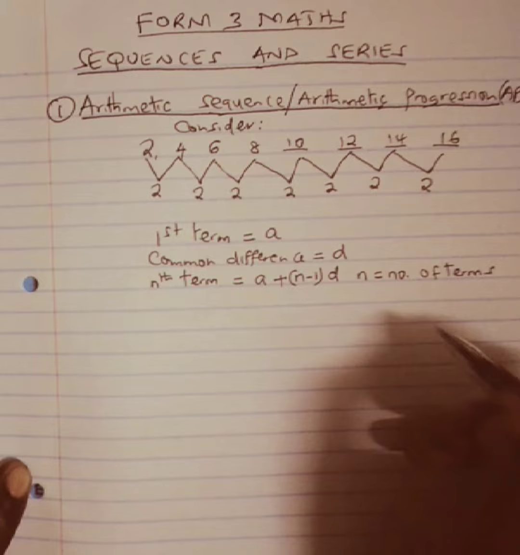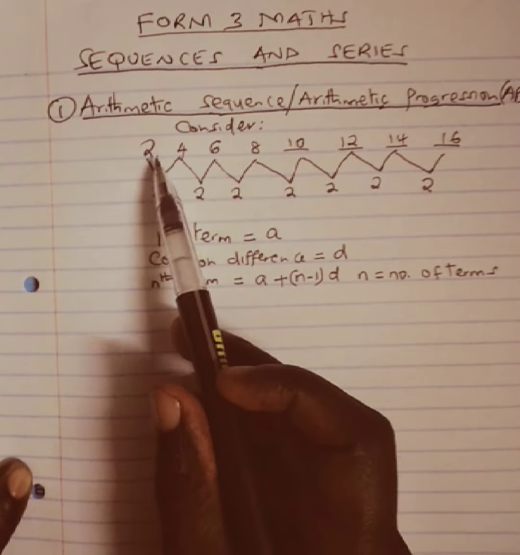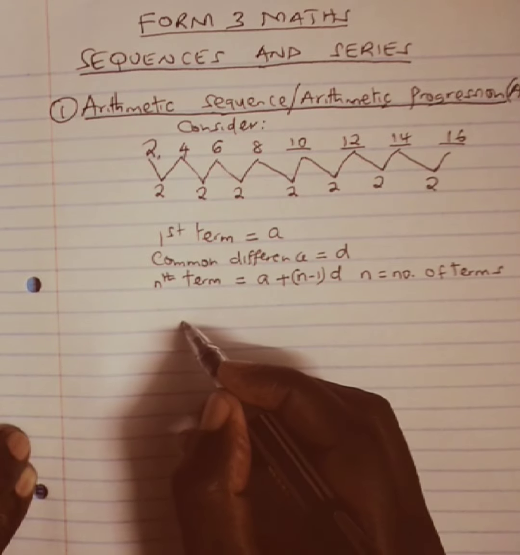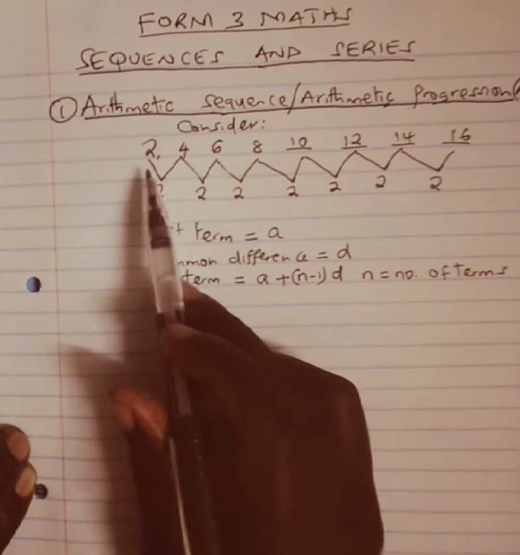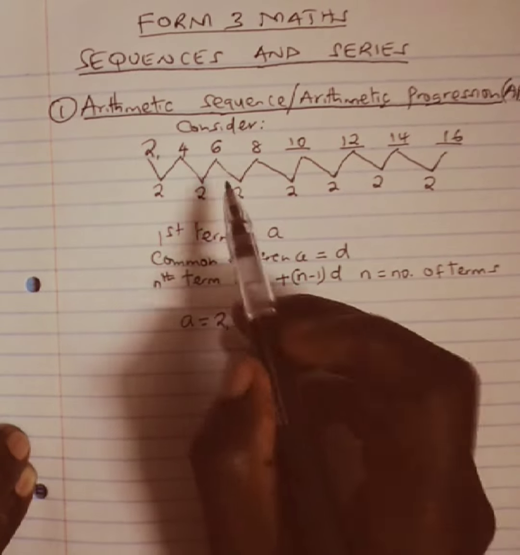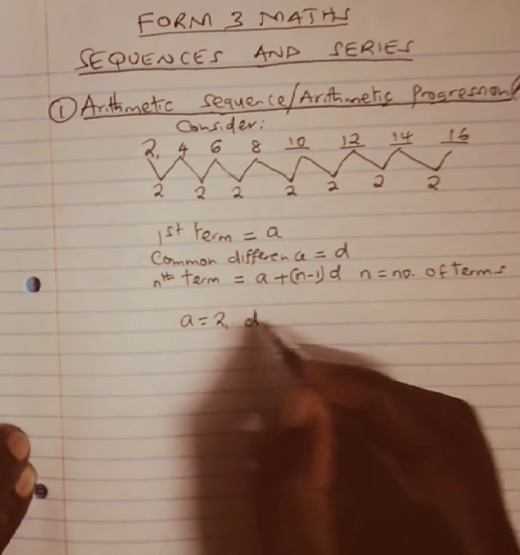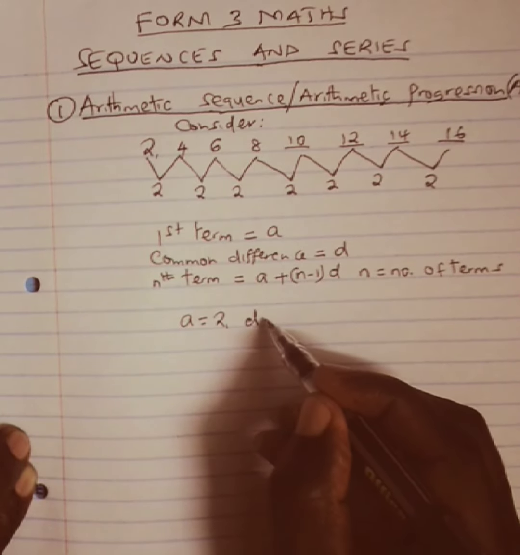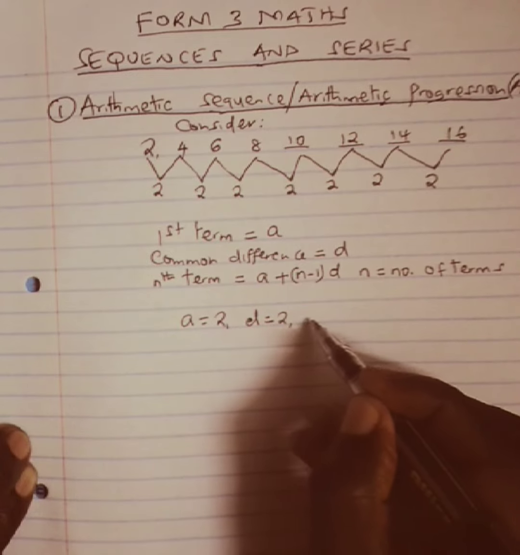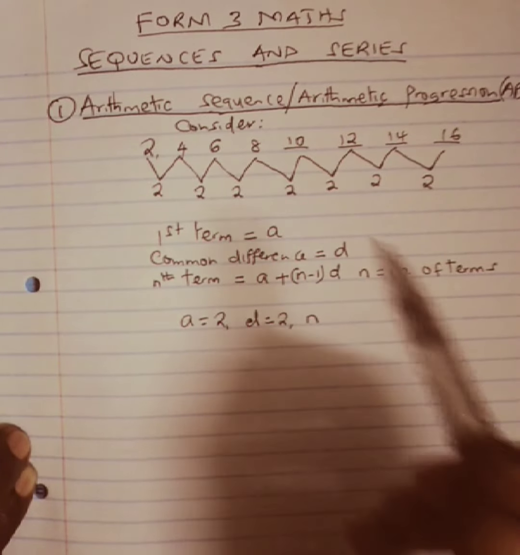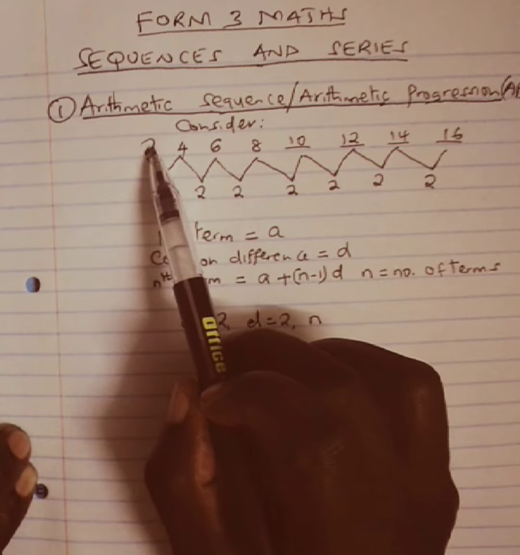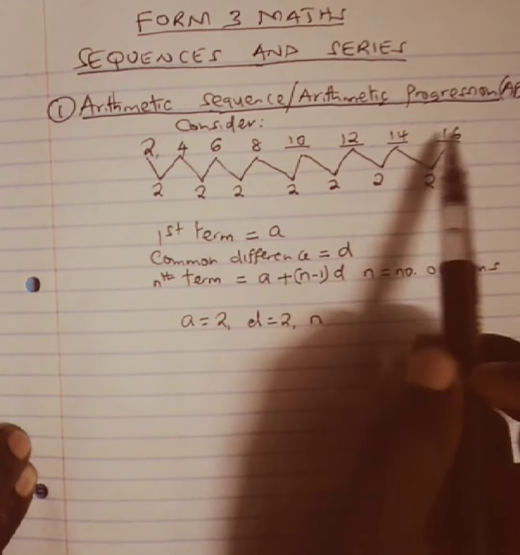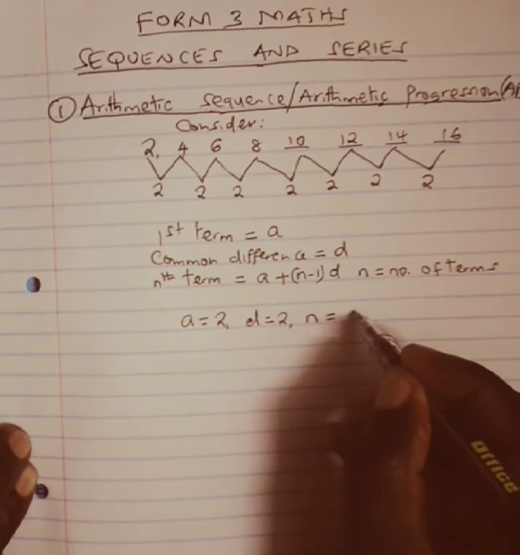In this case now, if we look at our sequence above, we realize that the first term, which is A, is 2, and the common difference is that constant number that we are adding to get the next number, which is 2, and n is the number of terms which we can count from this particular sequence. We have 1, 2, 3, 4, 5, 6, 7, 8, giving us our n.